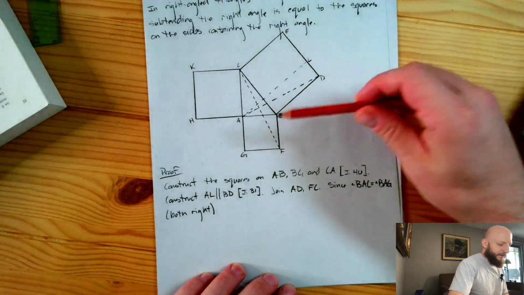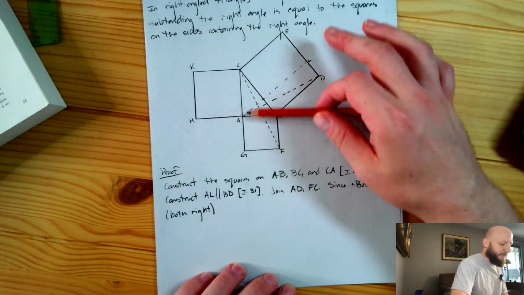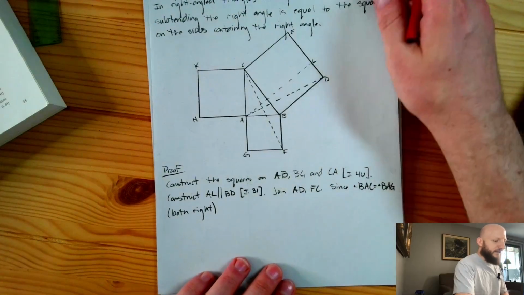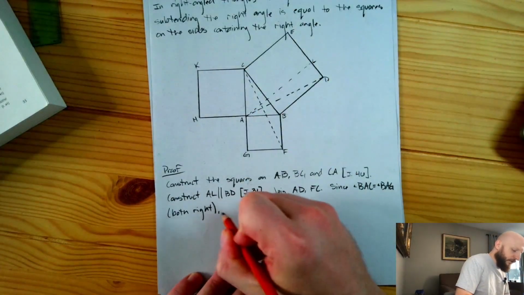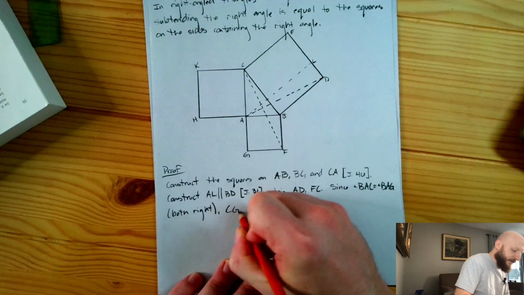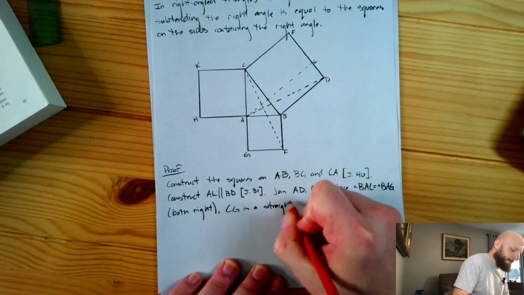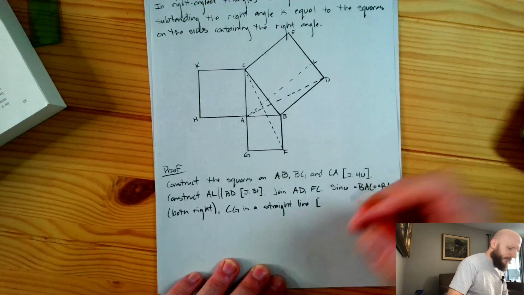So basically, since BAC and BAG are two right angles, we have a proposition that says the line CG is a straight line. So I'll just say CG is a straight line. And that was Prop 14.